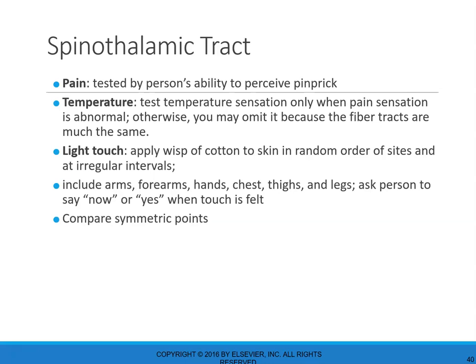You're going to take a cotton swab and touch them on different parts of their bodies: the arms, the hands, the chest, the thighs, the legs. Their eyes are to be closed again so that you can determine if they can actually feel the sensation. Again, you want to compare symmetric points.